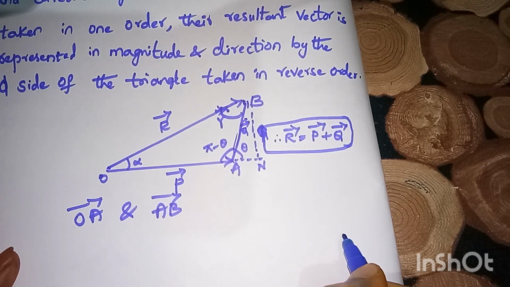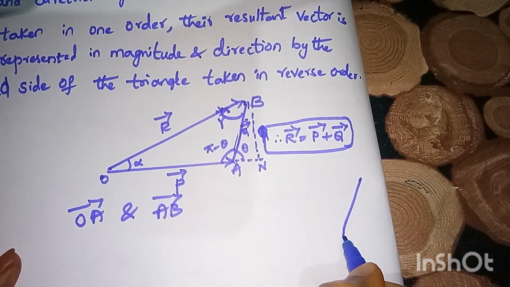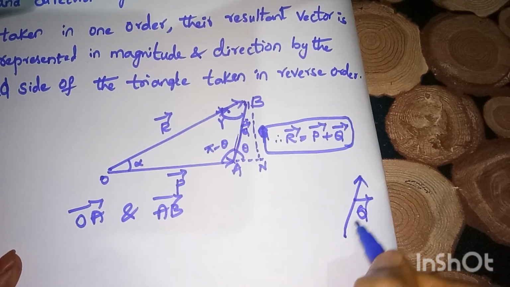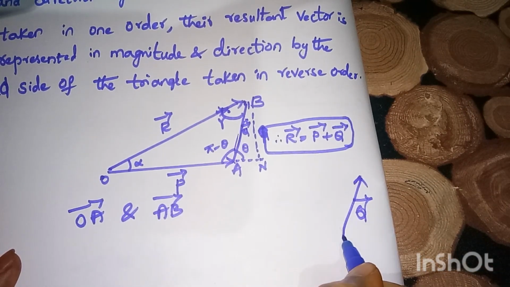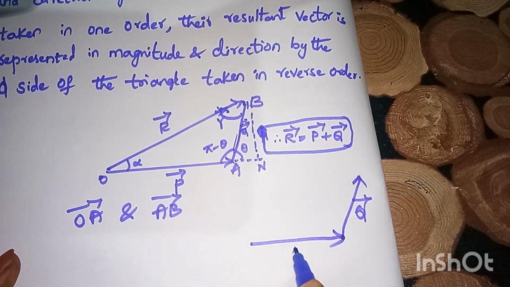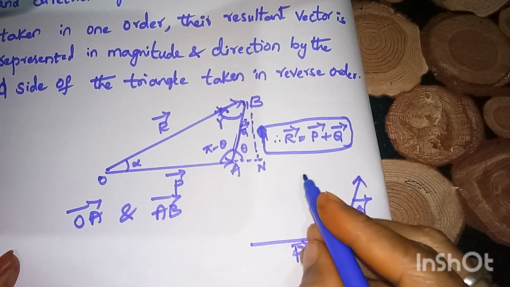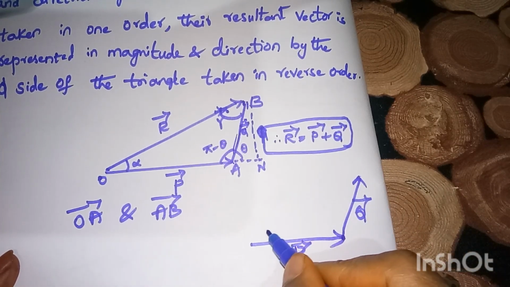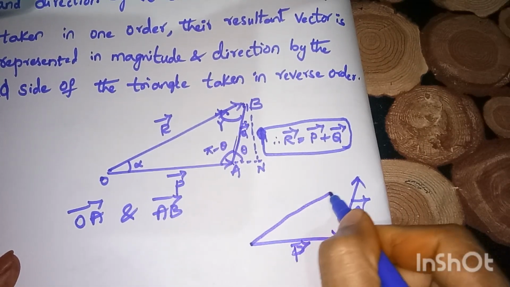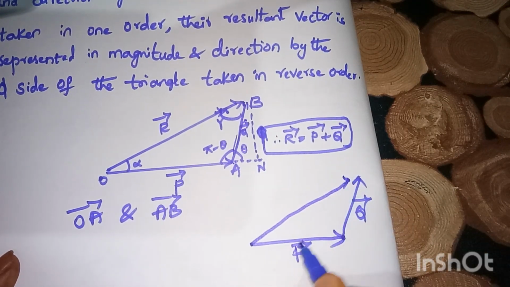So this is an initial point, this is a final point. So this is Q bar. The initial point of the second vector should be connected with the final point of the first vector P bar, and the resultant R bar is the another side of the triangle that is taken in reverse order.